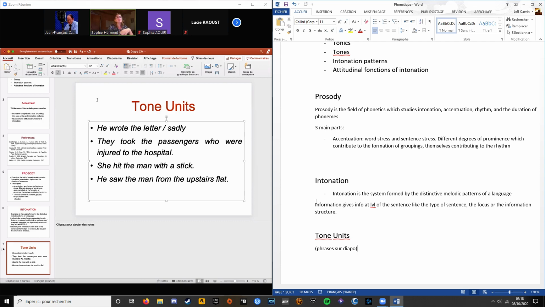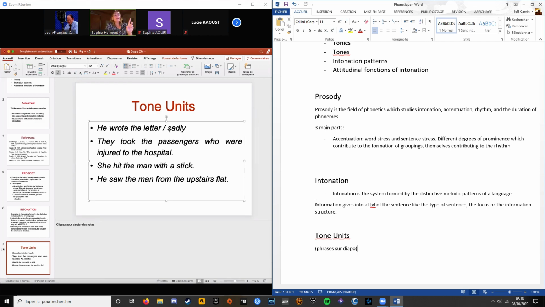Okay, so if you do that, then you turn sadly into a sentence adverb, an adverbe de phrase in French, and sentence adverbs are always pronounced in a separate tone unit. And you could also have sadly at the beginning of the sentence. It's the same when you say, unfortunately, he couldn't come last night. Unfortunately is a separate tone unit.